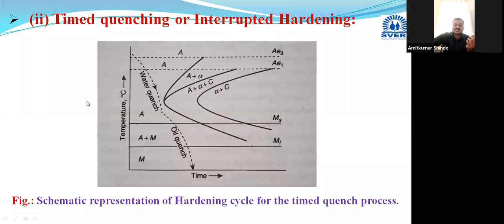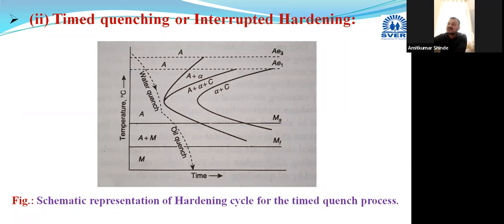What will the questions be? Just superimpose the timed quenching method on the TTT diagram. You have to draw the TTT diagram and show the quenching depending on the type. That type of descriptive question was there.